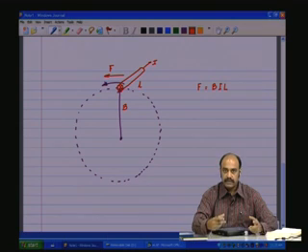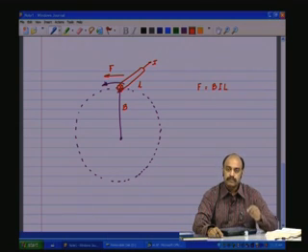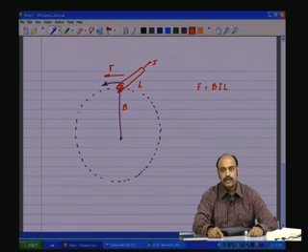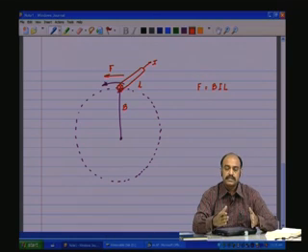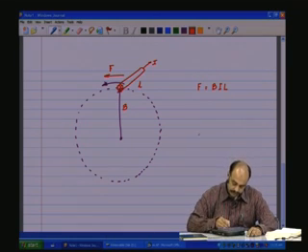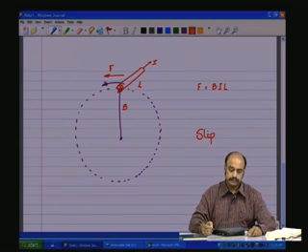So the rotors will never catch up. There will always be a slight difference between the magnetic field rotation speed and the speed at which the rotor conductors rotate, and this difference in speed is called the slip.